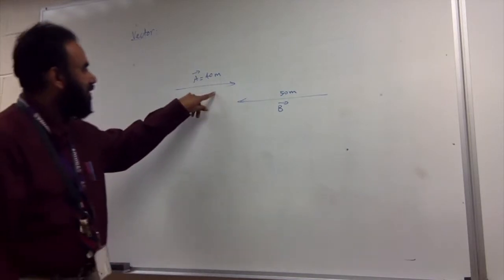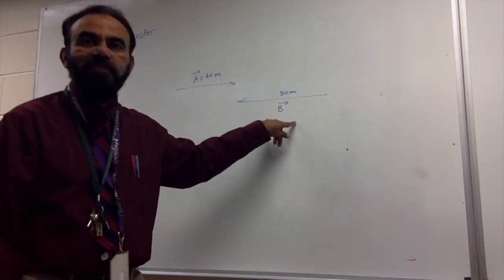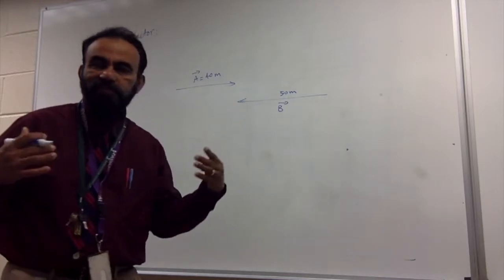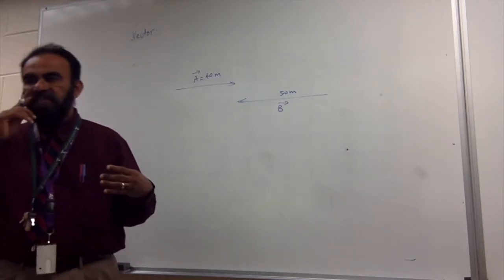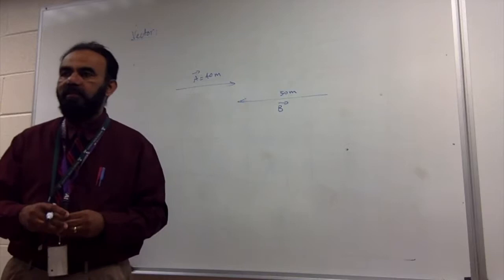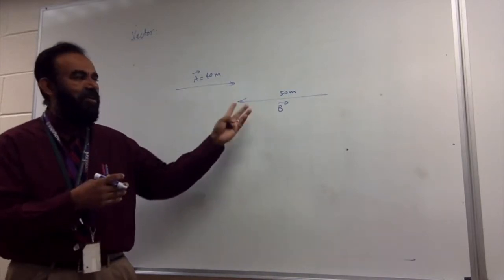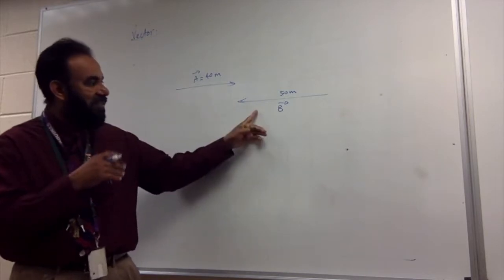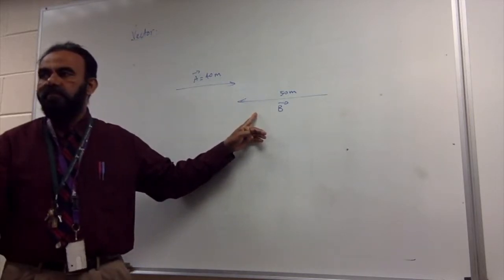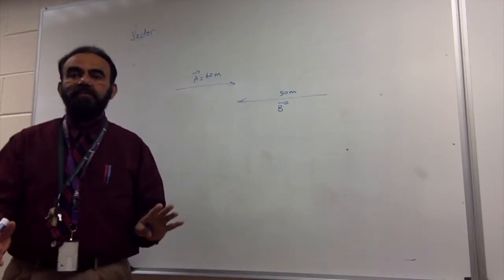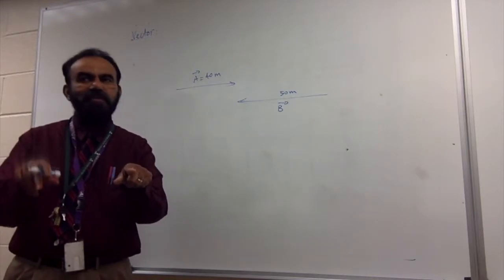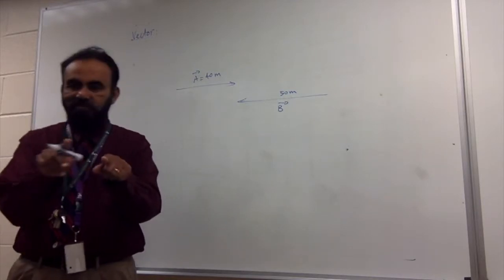You can see that I've drawn this slightly bigger. That sort of sense while drawing should exist. It's not exactly a scale drawing, but approximately, I'm just showing you that this is slightly more than that. So when you're drawing vectors, keep the numbers in mind. If it is 10, then make it smaller.